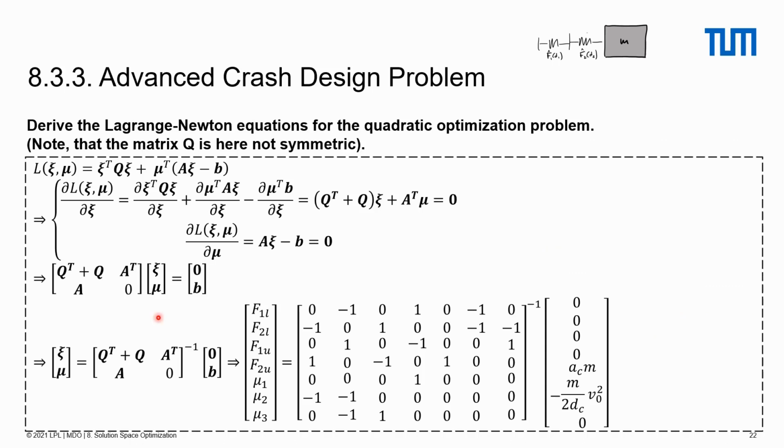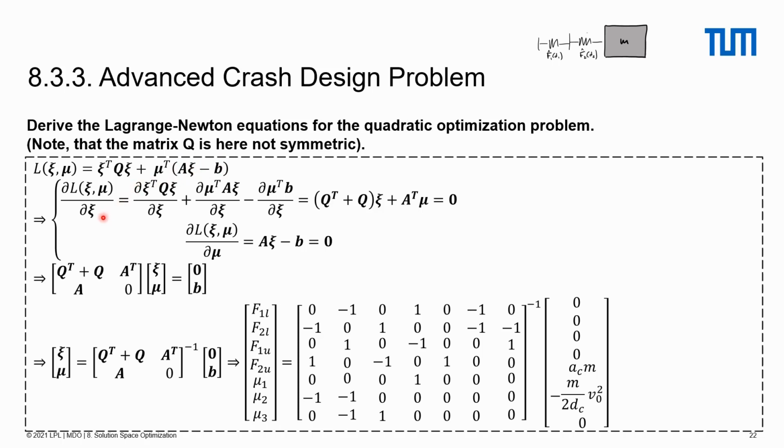Now the last task derives the Lagrange-Newton equations for the quadratic optimization problem, and note that the matrix Q is here not symmetric. The Lagrange equation is F plus mu times the constraints.